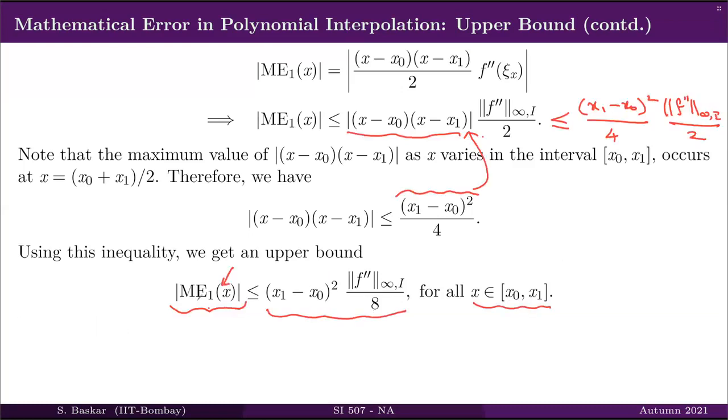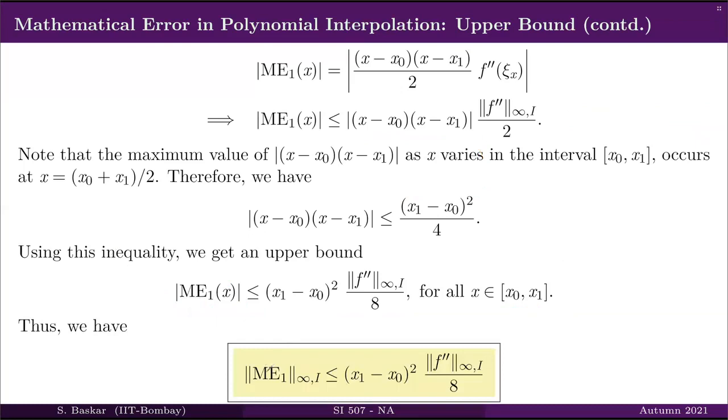Now you can see that this is true for all x in this interval. Therefore, you can even take the maximum norm for this function and conclude that the maximum error on x0 to x1 is less than or equal to x1 minus x0 the whole square into the maximum norm of f double dash divided by 8.